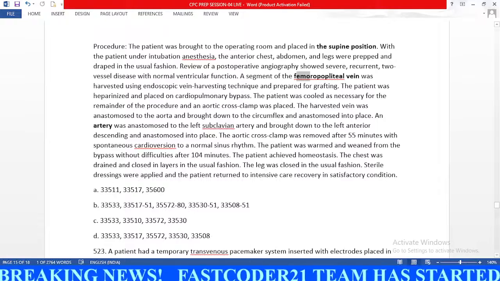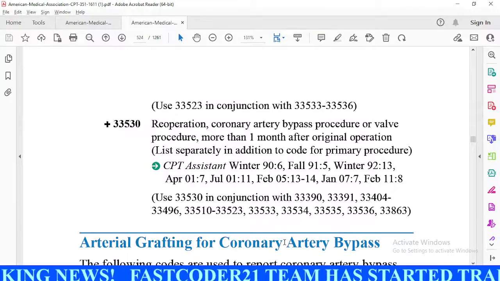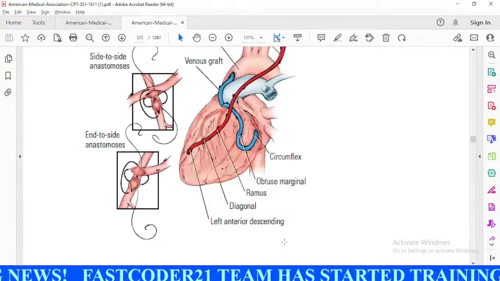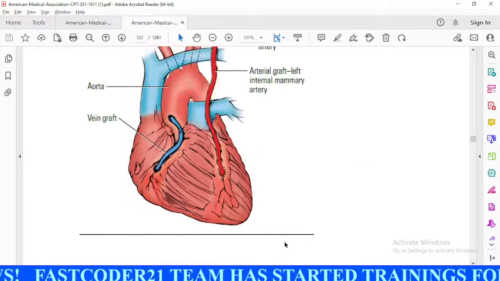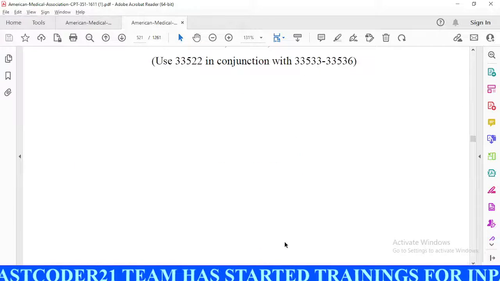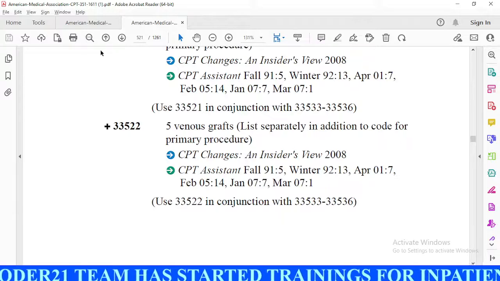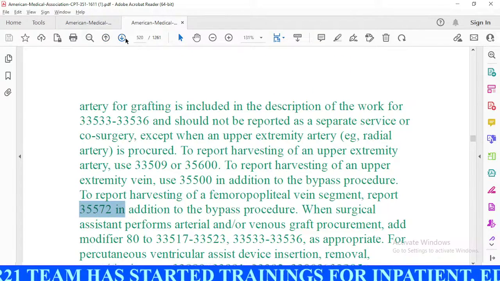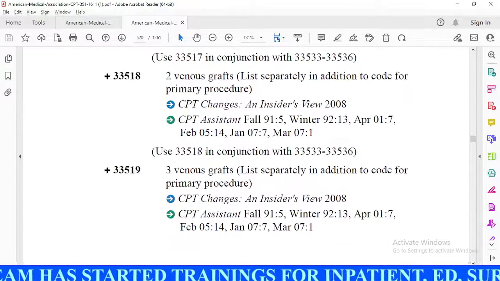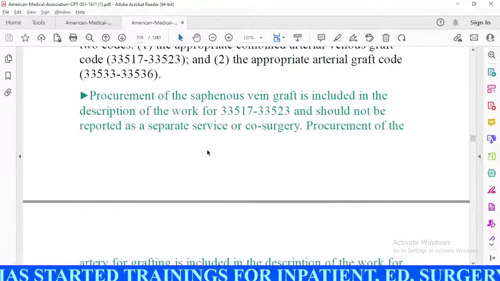We can check 33508 now. In order to code properly, we need to check the indication also. Usually in live coding, we will call it indication or history. Now we are checking 33508.